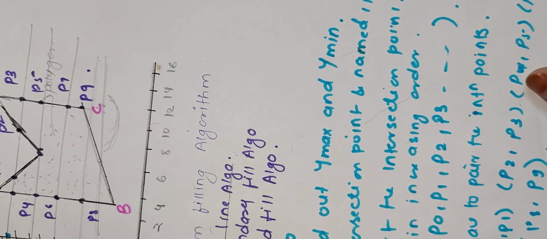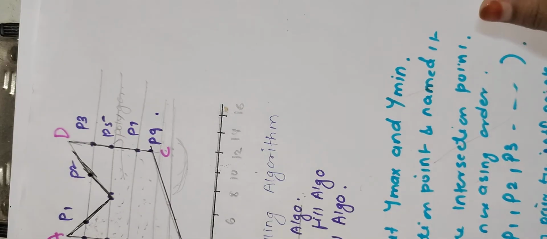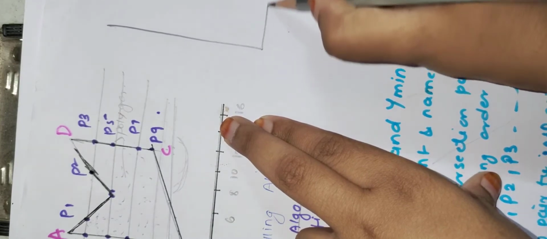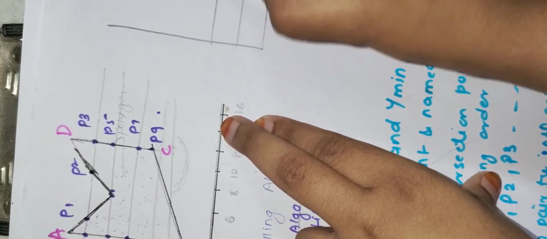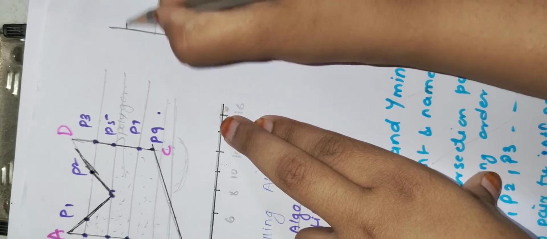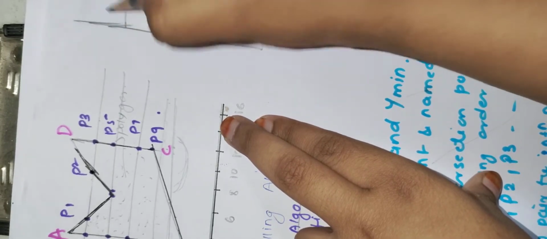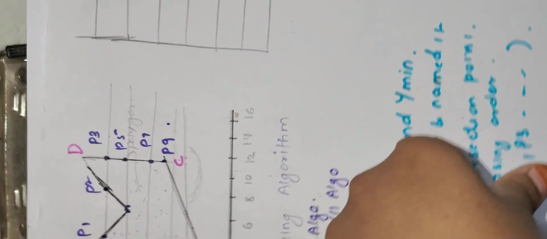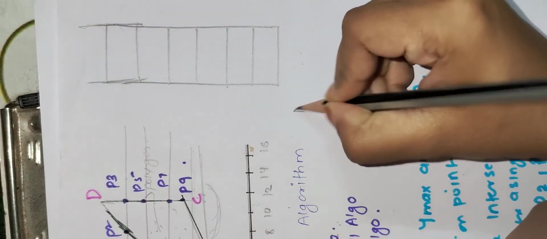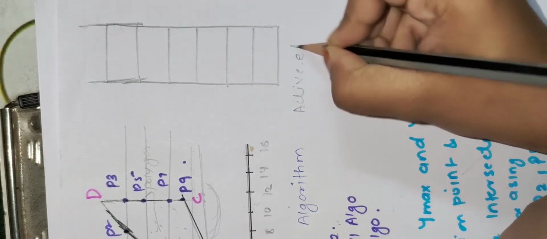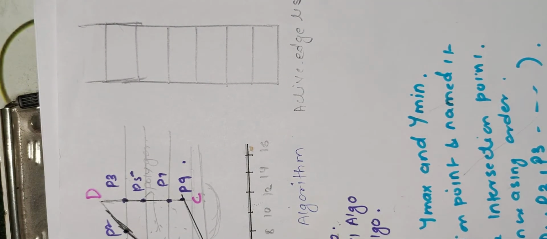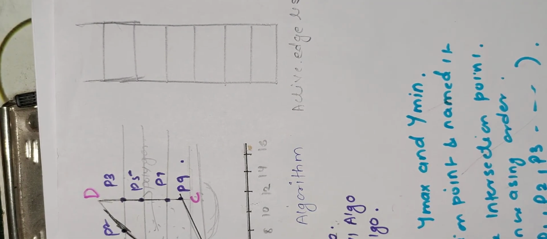So we have to do one more step. We make a diagram, and the diagram name is active edge list. Do you know about edges?